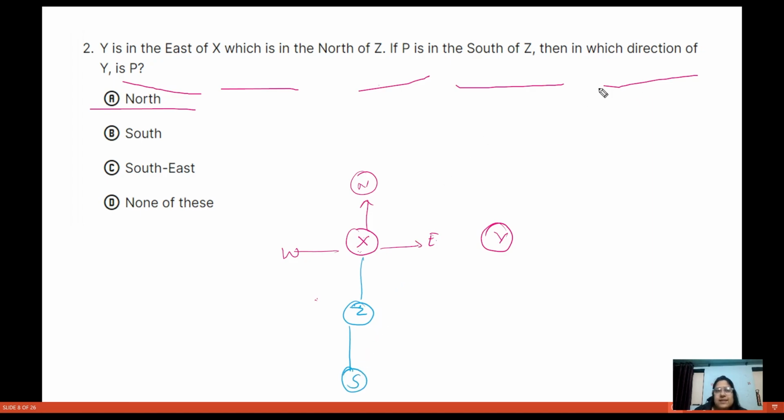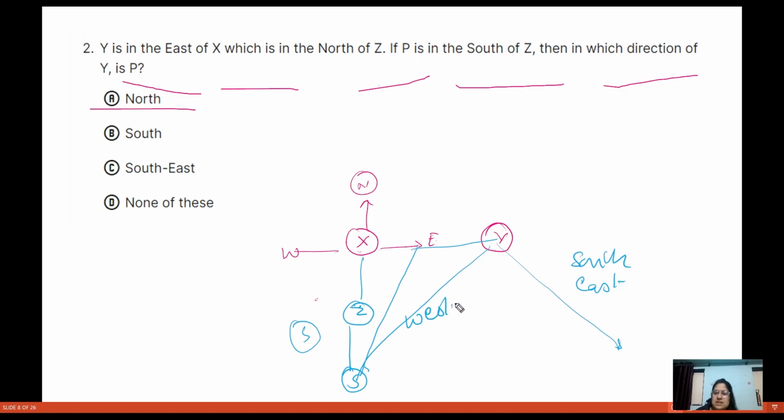Then in which direction of y is p? This is south, and that too which south, southwest or southeast? If this would have been in this direction, it would have been southeast, but it is in this direction, so it is towards southwest.